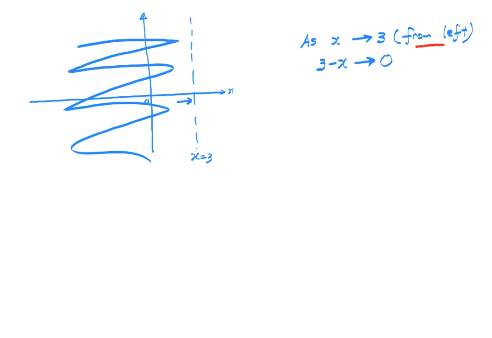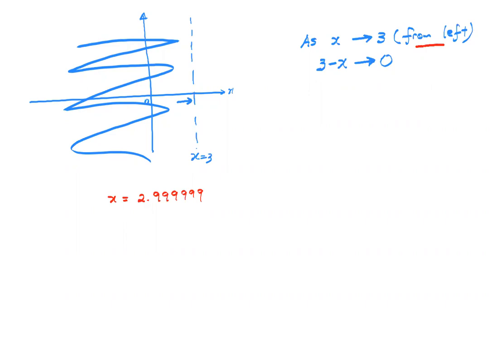Do you get me? So for example, I choose x equal to 2.999999. So that is the meaning of approaches 3 from the left. From the left means it must be less than 3, but very close to 3. You get me?